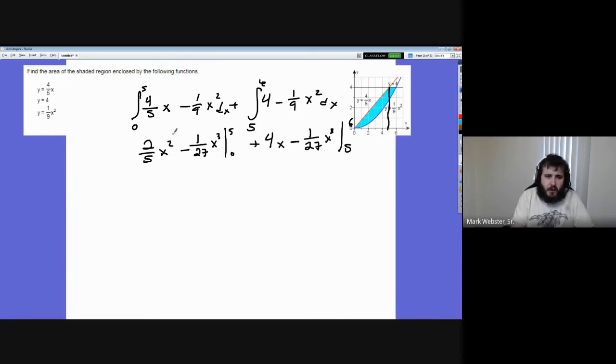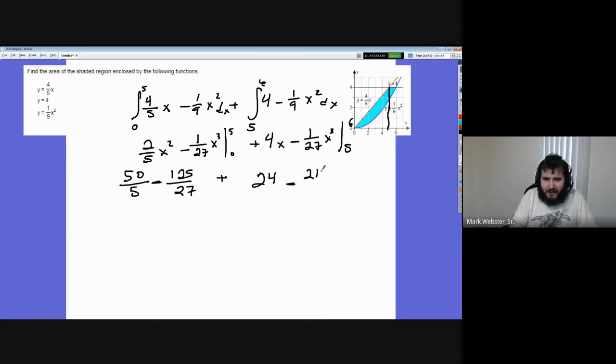And then you do this, and this one is great. The 0 cancels out, so we're just left with the 5, right? So 5 squared here, 25, so 50 over 5 minus 5 cubed, 125 over 27. Plus this one you have to deal with. Okay, so plugging in 6 and plugging in 5. So plugging in 6, this is 6 times 4 is 24 minus 6 cubed over 27, 216 over 27.